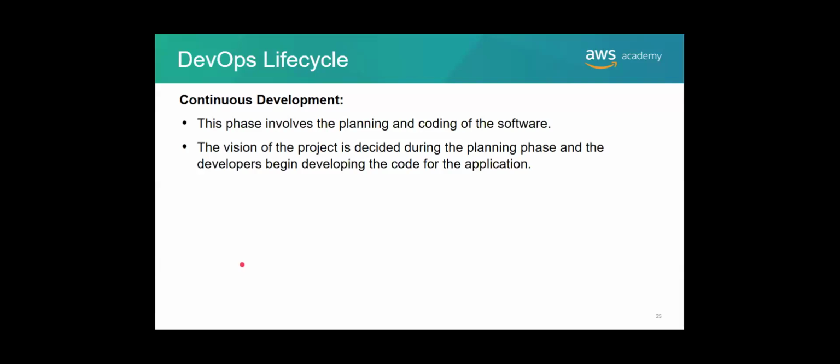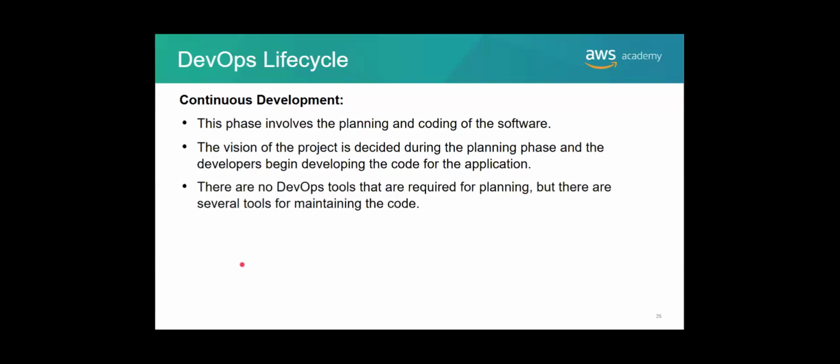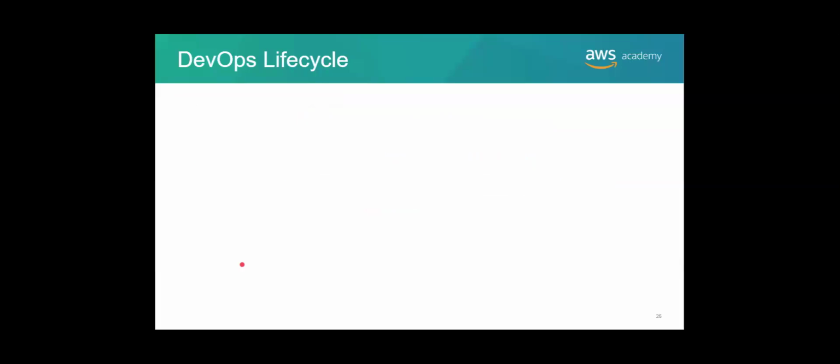Then the developers begin developing the code for the application, so they should understand it. There are no DevOps tools required for planning, but there are several tools for maintaining the code. For collecting notes, we don't have any specific tool for planning, but there are many tools which we need for maintaining. There we can use them.